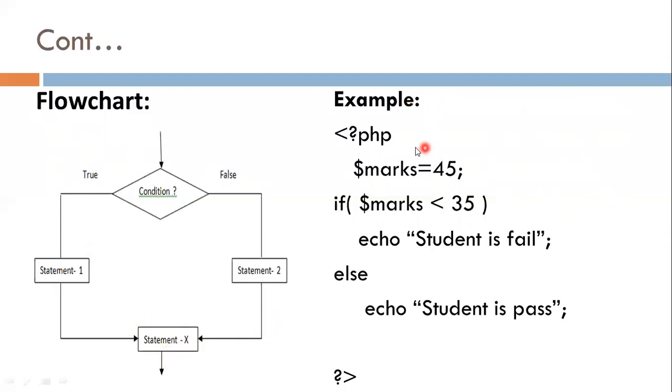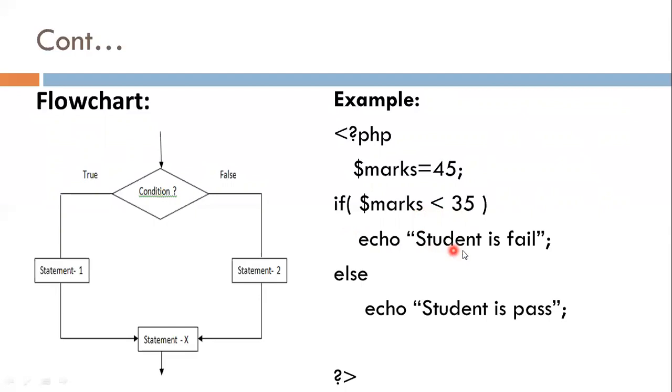Example, the same example. Here I declare one variable $marks with value 45. If $marks less than 35, then I write echo student is failed, else part student is passed. So here 45 less than 35, so the condition of the if statement is false.